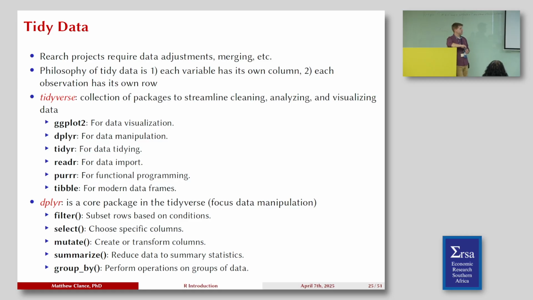Some programs do need it in wide format, but most that you will be using, and that I know of, typically need long format. That's where each variable has its own column and each observation has its own row. That doesn't mean there can't be NAs or missing values. It just means that's the way the format is. Okay? It can be a missing observation, but it has an NA or something there.